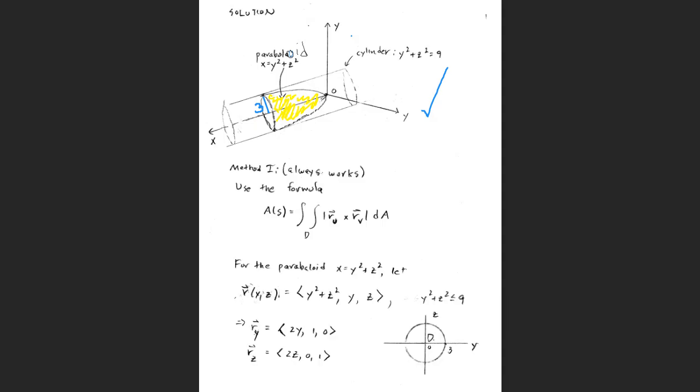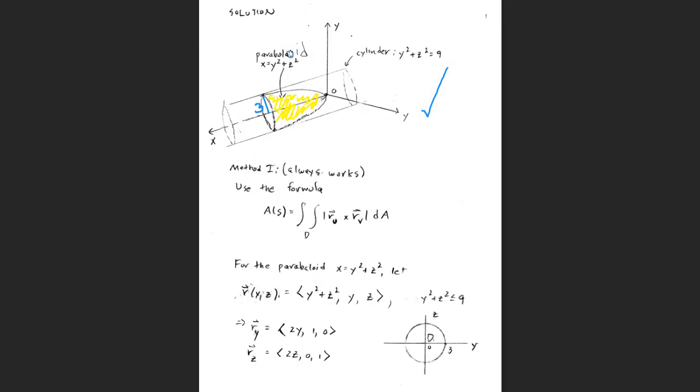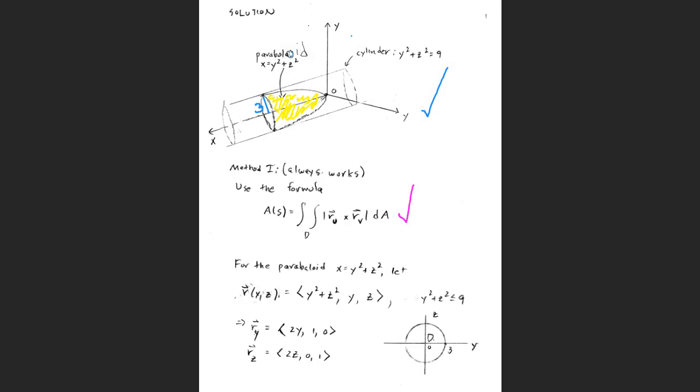Well, first, I'm going to do it 2 ways. I'm going to first use the method that always works, and that's with the formula. That formula, the first formula you learned.